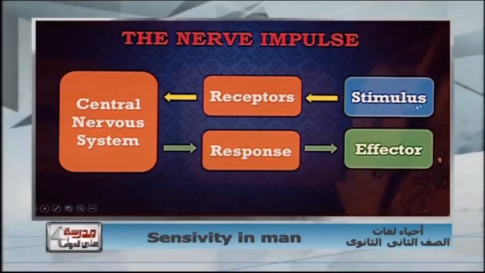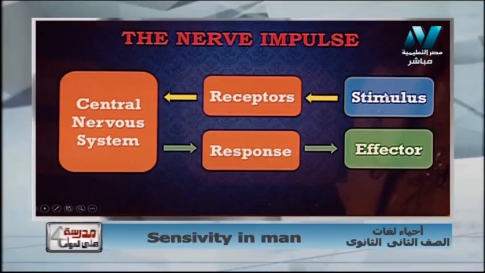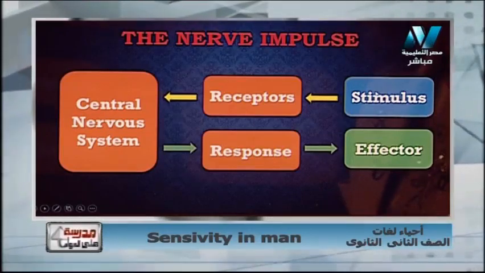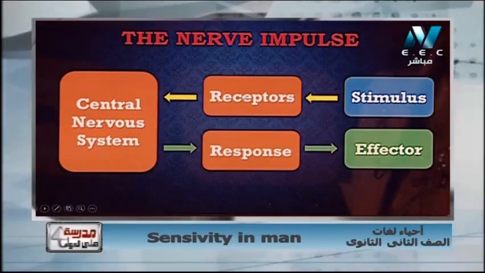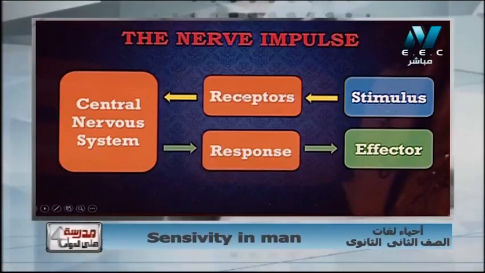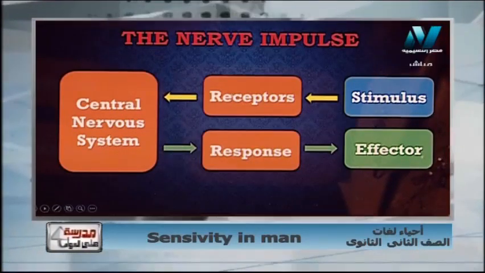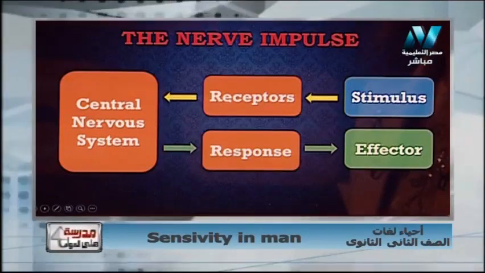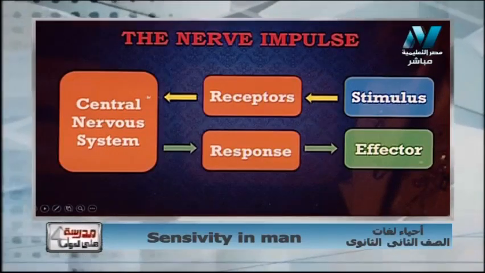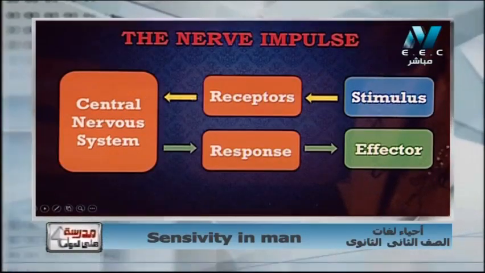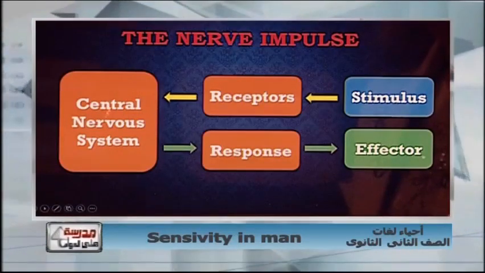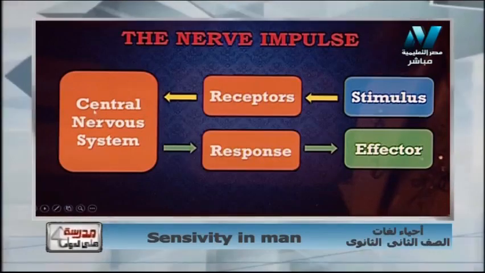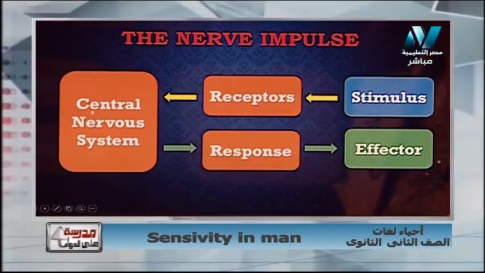We receive stimuli, internal or external, and these stimuli are received by the receptors. Some of them are the sensory organs. And these stimuli move along the sensory nerves as sensory impulses until they reach the central nervous system, that is the brain and the spinal cord.